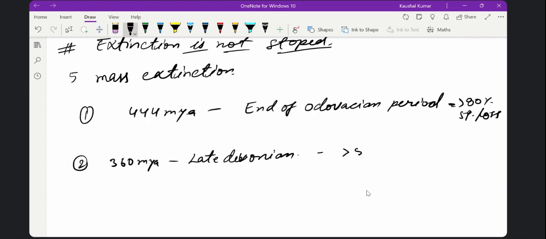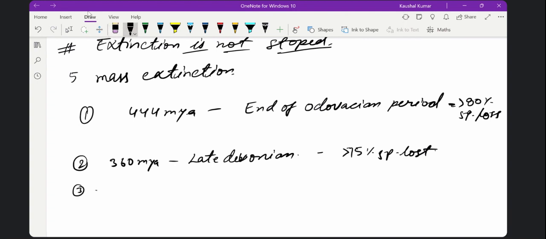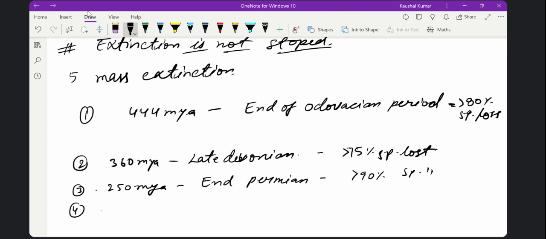In that time more than 75% of species were lost. The third happened 250 million years ago, at the end of the Permian period, and more than 85% of species were lost.